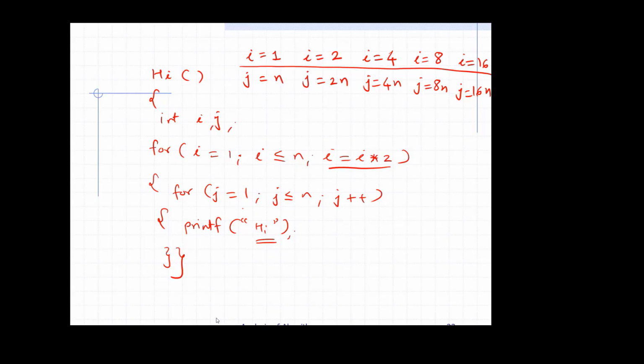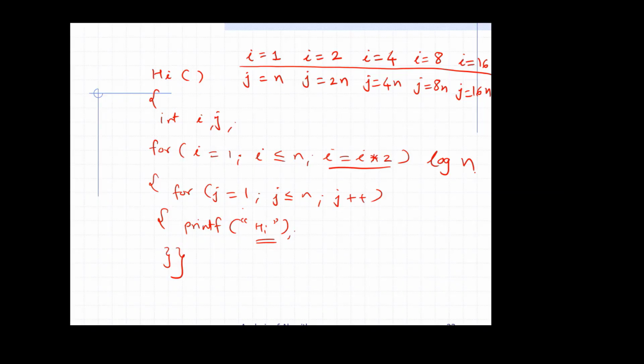So how can we define this in terms of time complexity? Yes, this is log, log base whatever the multiplier is. Because every time it is multiplied by 2, this for loop actually executes log n times.